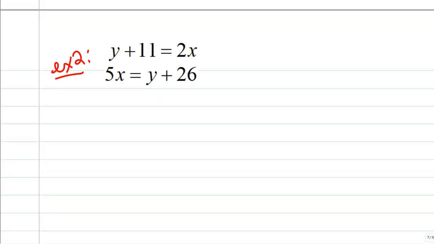This is not nice. This I probably wouldn't even use elimination on, but I want to, just to reiterate and show you how this works. If I want to use elimination, I need the x's and y's in standard form. So what I need to do is get all the x's and y's on one side.